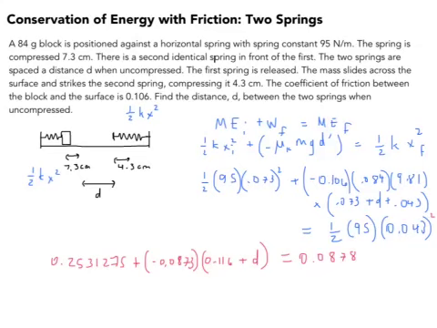So you have to subtract this big thing from both sides. Subtract 0.253 from both sides, right?